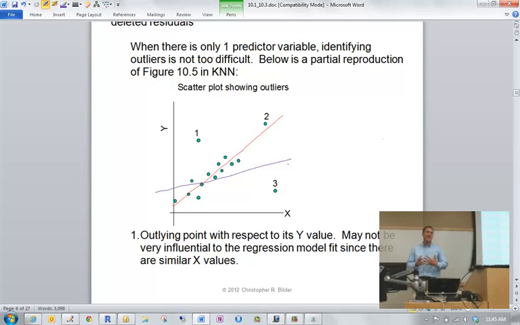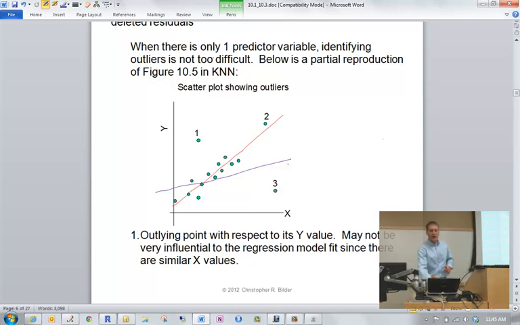Maybe not as dramatically as I drew there, but it will exert substantial influence. Observation 3 is a case of an outlier which we are very concerned about. Because notice what happens to the slope. The slope changes. And again, we focus on the slope to understand the relationship between x and y. So your understanding of the relationship there will change if observation 3 was in your data set.